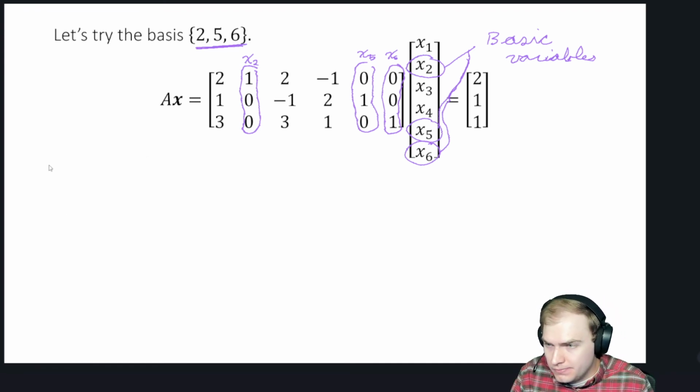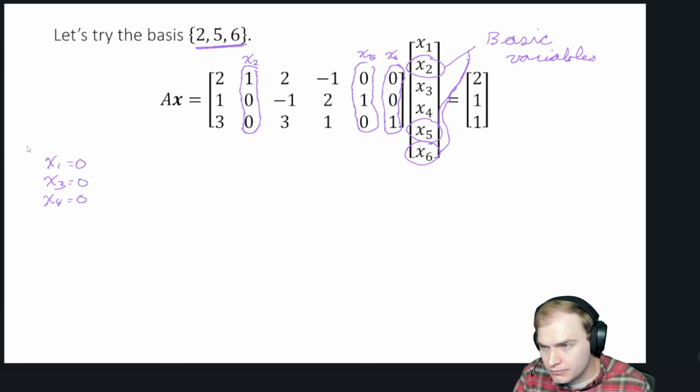So what we're going to do is set x1, x3, and x4, all of them equal to 0, since they're non-basic.